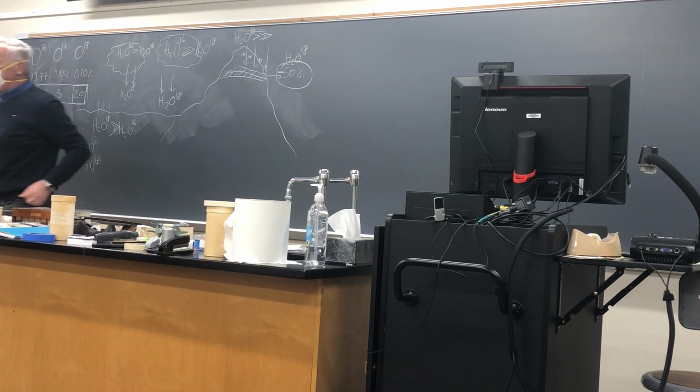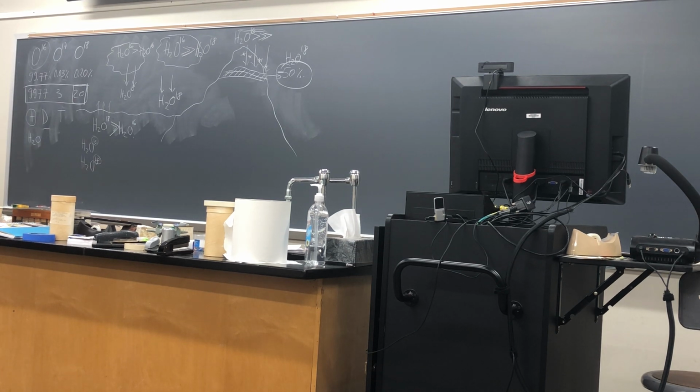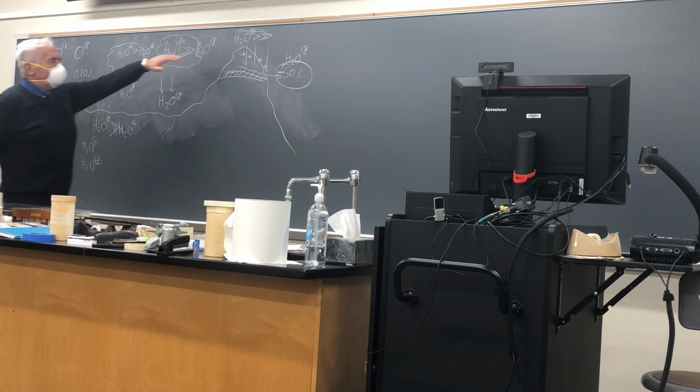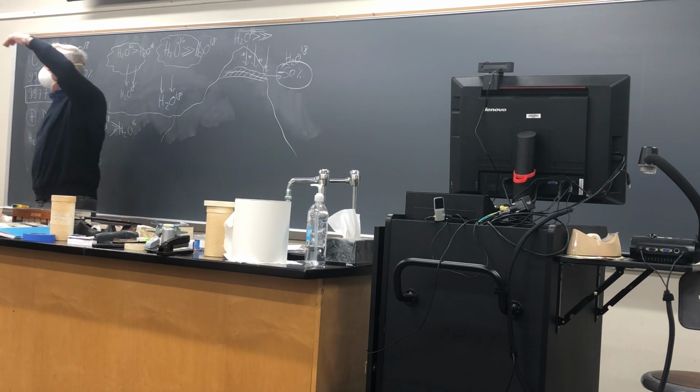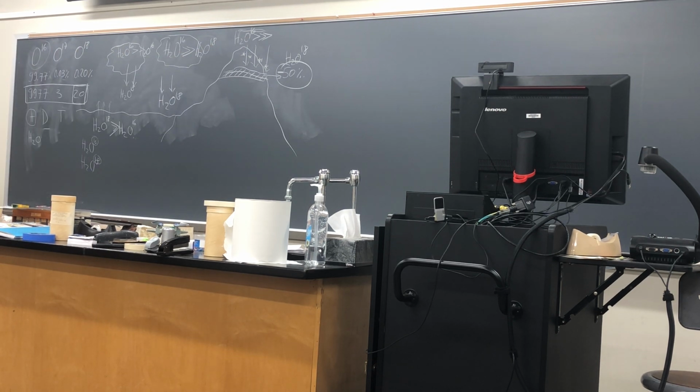You have a question? Yeah. The H2O 16 is the 50%, correct? No, the H2 16O is overwhelming. It is almost 100%. 99 point something. Only a tiny amount of water is made of heavy oxygen isotope.